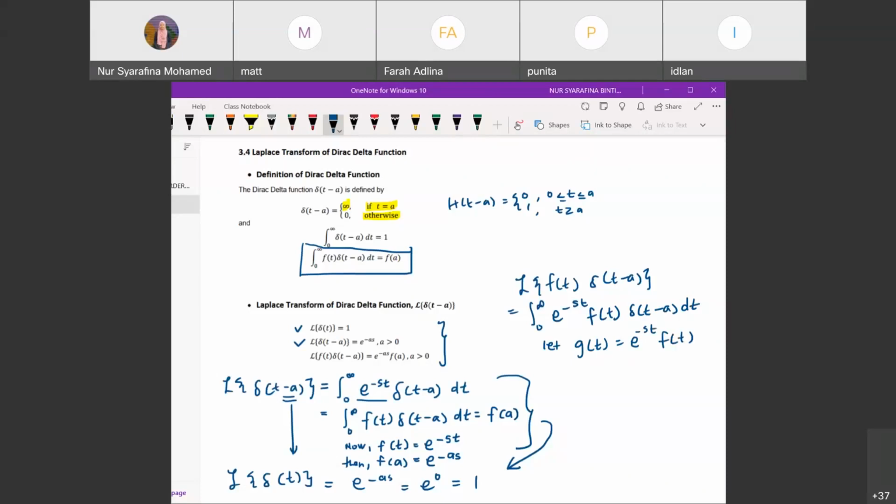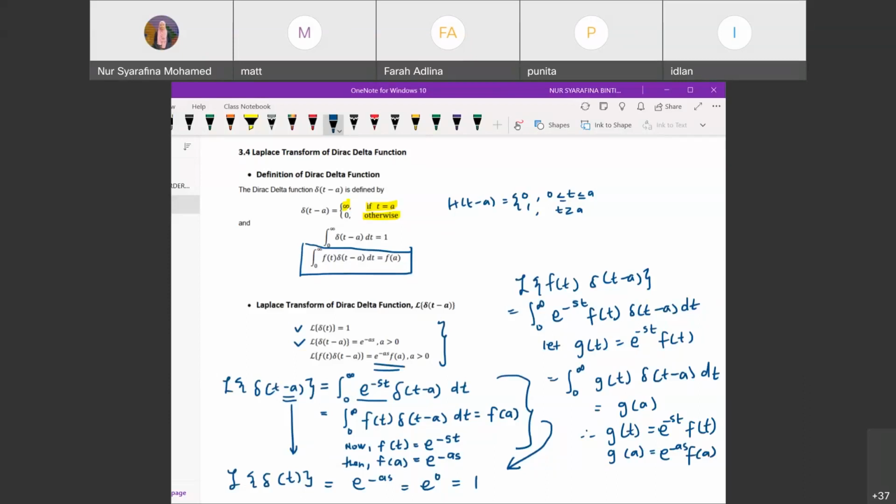So now you have the integral from 0 to infinity of g(t) δ(t minus a), which equals what? This will give you g(a). So if g(t) is e to the negative st f(t), then g(a) equals e to the negative as f(a). So this is how we prove.